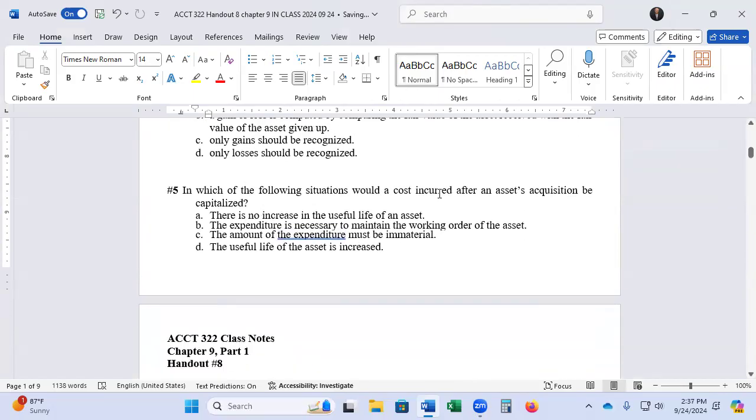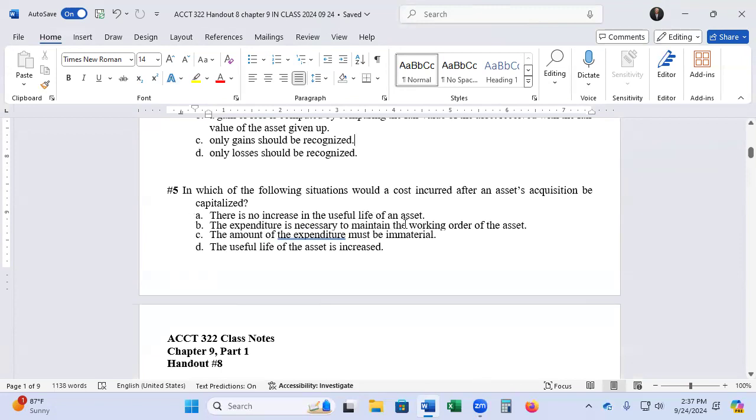In which of the following situations would a cost incurred after an asset's acquisition be capitalized? Here you have to think: am I extending the life of it significantly? Am I changing the value of it? Or am I changing what the asset is? There's no increase in the useful life of the asset; that would not fit under that criteria.